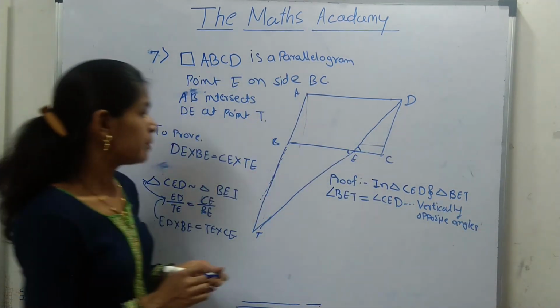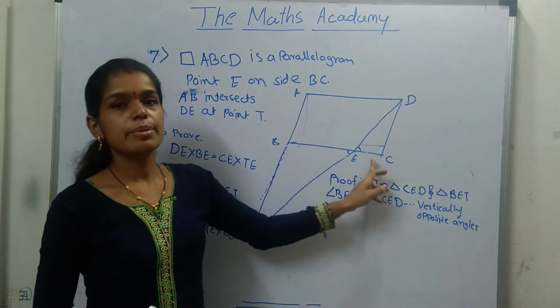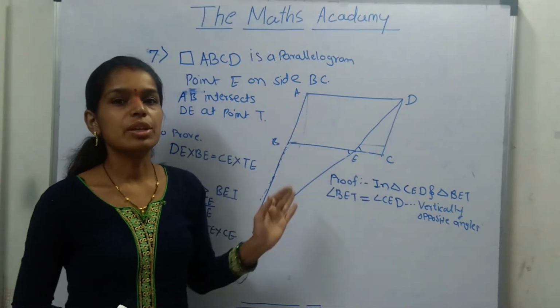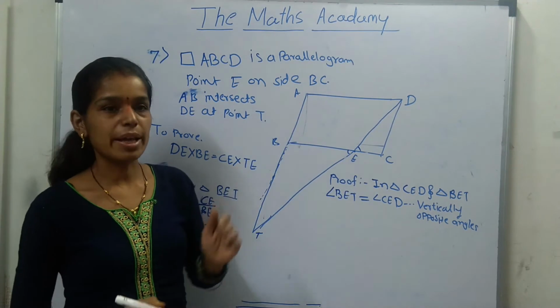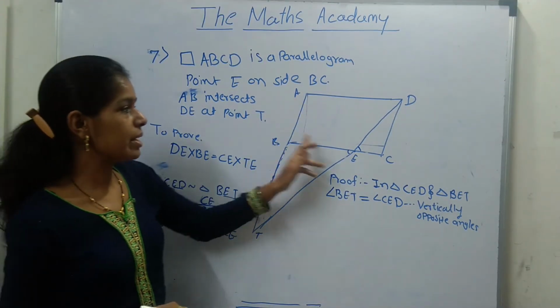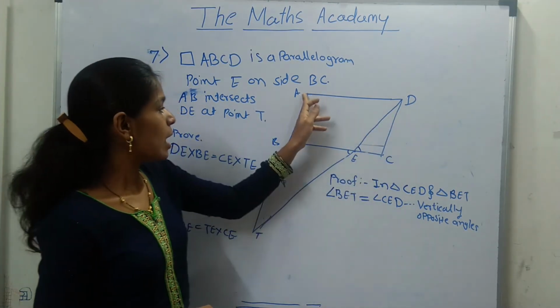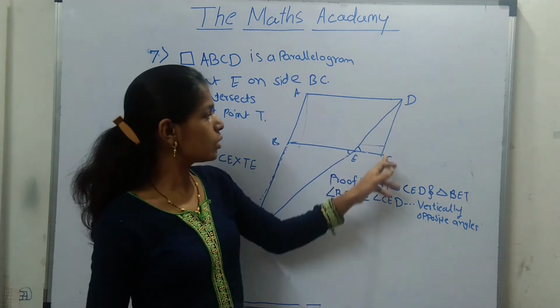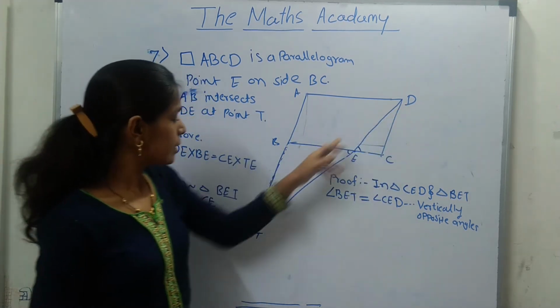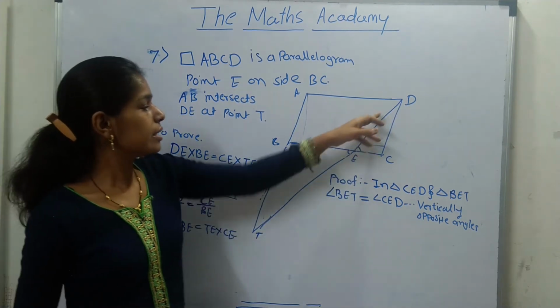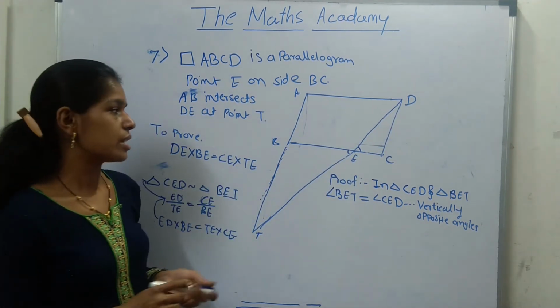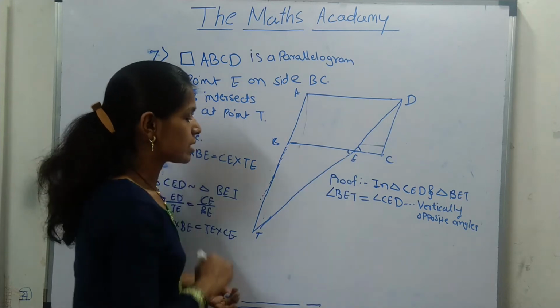Now observe carefully that the quadrilateral ABCD is a parallelogram, and we know that the opposite sides of a parallelogram are parallel to each other. That is, AB is parallel to CD. Now if AB is parallel to CD, then this DT is a transversal.